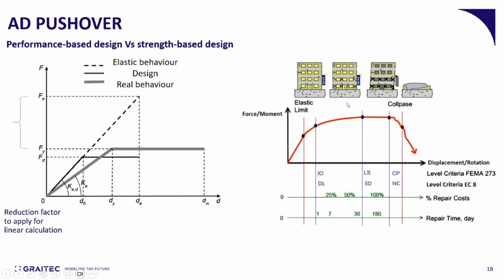We don't mind if we are not able to inhabit this structure after the earthquake. So basically, we allow a higher amount of deformations to happen after the earthquake. Obviously, we don't want any collapse. That's why we are on that part of the curve.